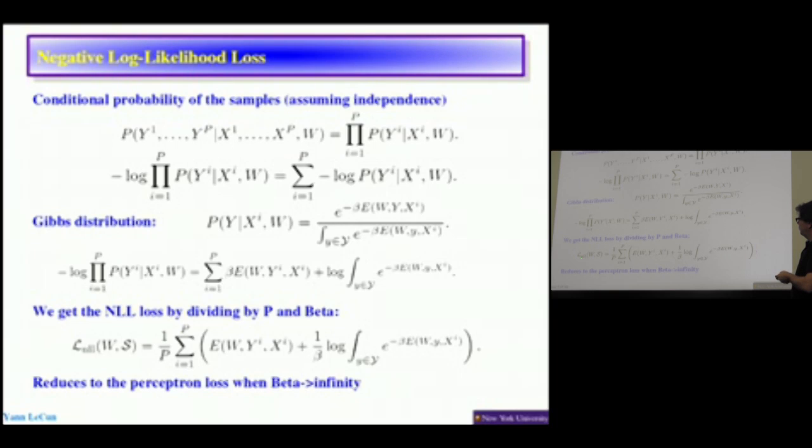So we call this the negative log likelihood, or some people call it maximum mutual information, but it's the same thing. It's 1 over p, sum for i equals 1 to p of the energy of the correct answer, plus a term that combines the energy of all answers, correct or incorrect. Okay? And this guy here is a log sum exponential. We've seen that function before, right? We talked about this a couple of weeks ago.